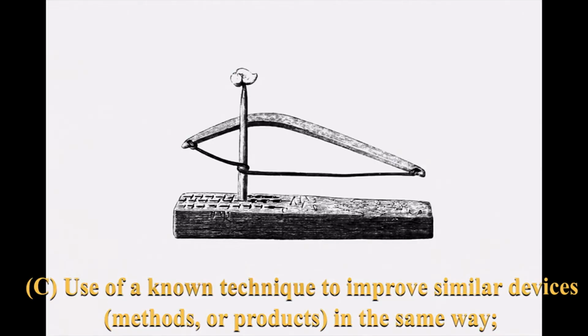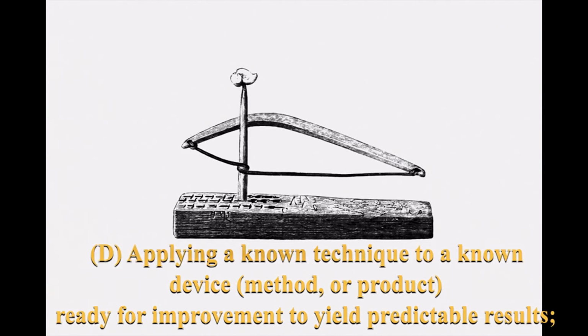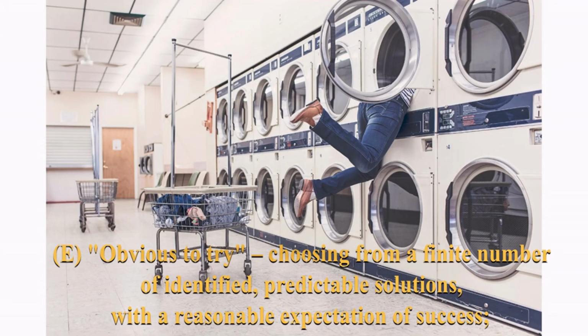C. Use of a known technique to improve similar devices, methods, or products in the same way. D. Applying a known technique to a known device, method, or product, ready for improvement to yield predictable results. E. Obvious to try, choosing from a finite number of identified, predictable solutions, with a reasonable expectation of success.